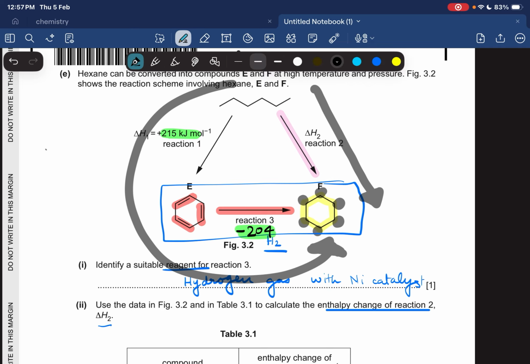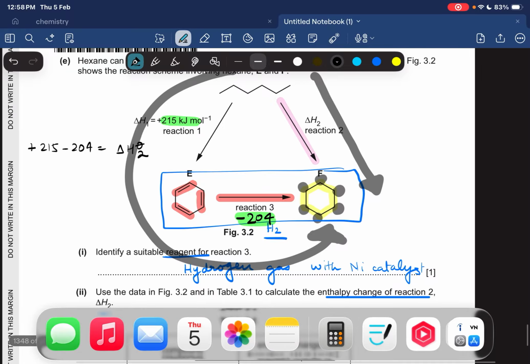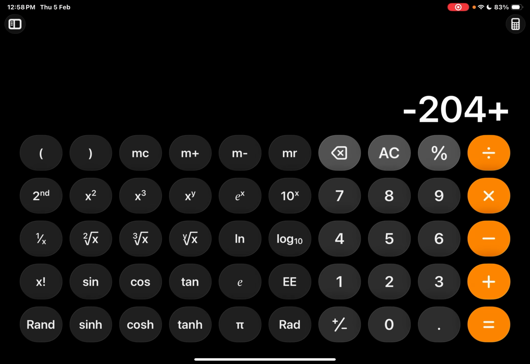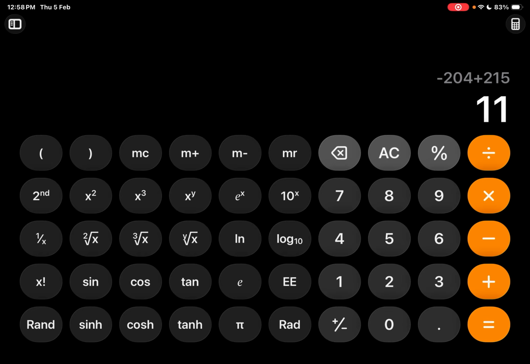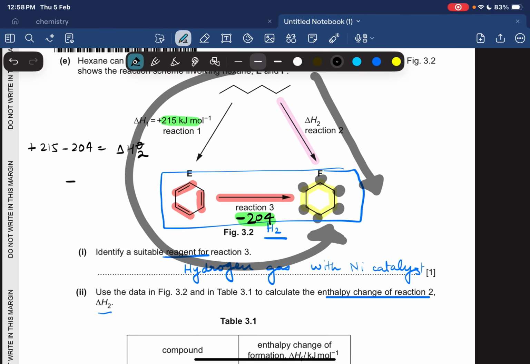So I'm going to tell the examiner that plus 215 minus 204 equals delta H naught of reaction 2. So negative 204 plus 215, and this gives me a positive 11 kilojoules per mole.